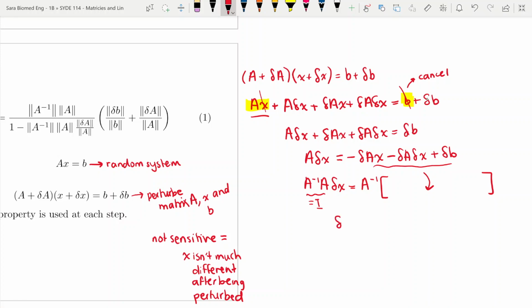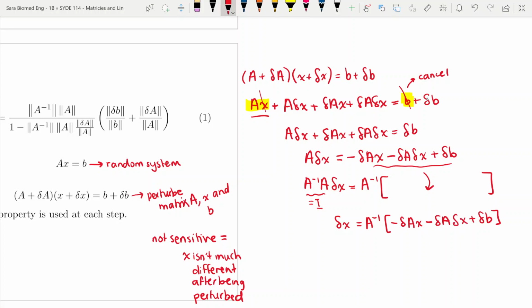And A inverse times what's in the bracket is the same thing, so it's going to be delta A x minus delta A delta x plus delta b. Okay? From here to here, it's just some rearrangement of the original two equations.